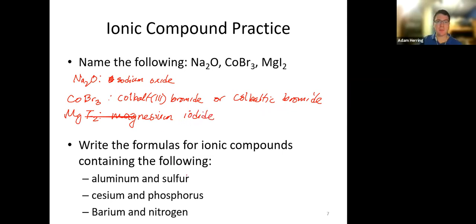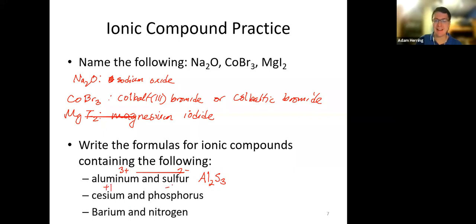And then if we want to combine aluminum and sulfur, you would need to recognize that aluminum has a 3+ charge and sulfur has a 2- charge. So in order to get a neutral ionic compound, we would need to have 2 aluminums and 3 sulfurs. Cesium and phosphorus. Cesium is a +1 charge.